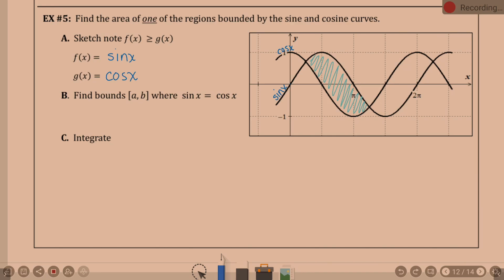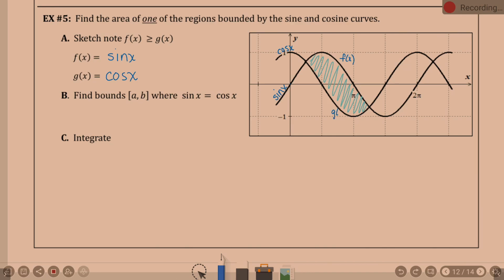Okay, so now, with this in mind, can we do upper minus lower? Yeah, we have one graph that is always on top, one graph that's always on bottom. So we're going to be able to do upper minus lower.